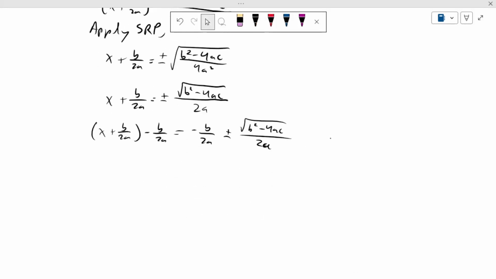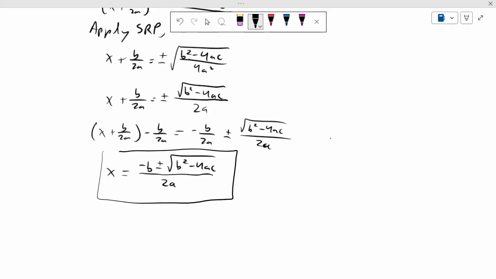On the left-hand side, I'm just left with x. On the right-hand side, we have a common denominator of 2a, so I can put this all over the same denominator. And we get x equals negative b plus or minus the square root of b squared minus 4ac, all over 2a. And this is your quadratic formula.